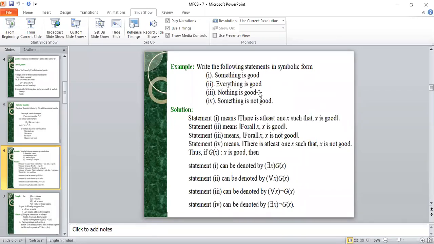Nothing is good: for all x is not good. Something is not good: there is at least one x such that x is not good.